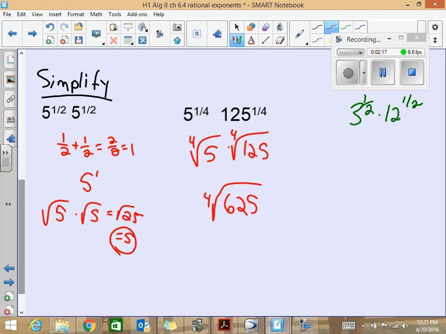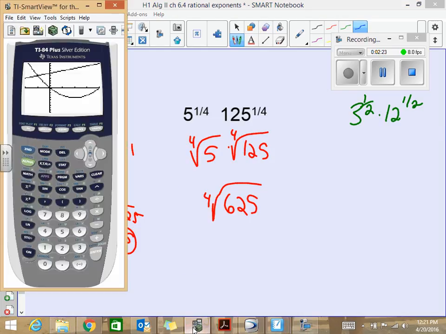Because it breaks down perfectly, I'm going to take this opportunity to review the calculator. You can always try it on the calculator, and if you get an integer, you can use that answer. For this one, you would go to Math, go to option 5, then back arrow and change the index to 4.